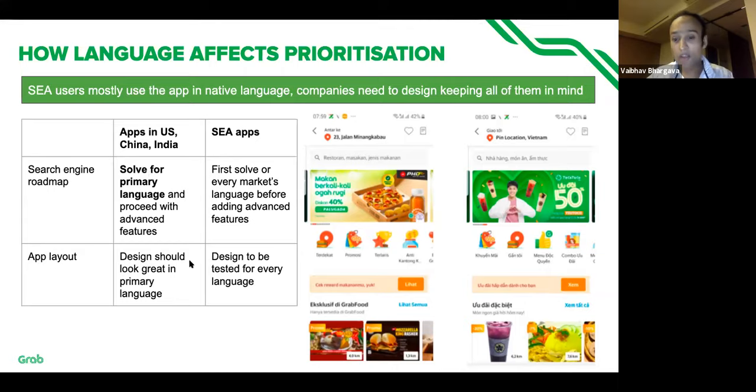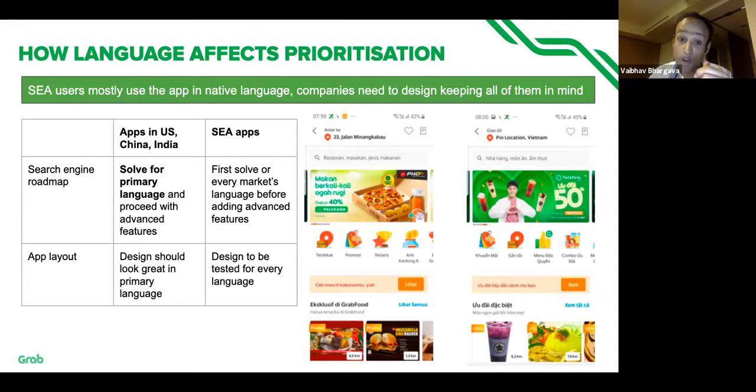Second, your app layout. Your app needs to look great in every language. And I think we covered that in the previous slide on why that's important. Whether it's a company like Grab or Gojek, or a company like Shopee, which is the biggest e-commerce app in the region, or Lazada, which is another popular e-commerce app, they have to test their app in every single language and they might have to make hard choices.